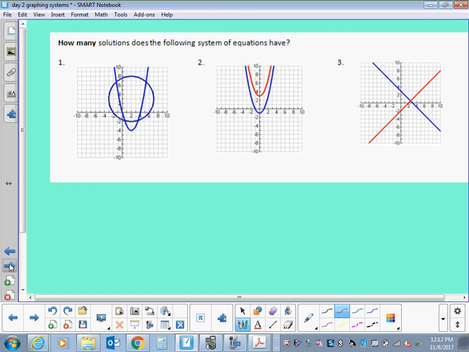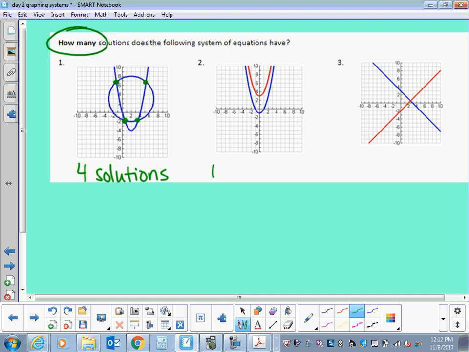All right. The first section here says, how many solutions does the following system of equations have? My question is, how many? So let's count. 1, 2, 3, 4. So I have 4 solutions. My second graph has how many?